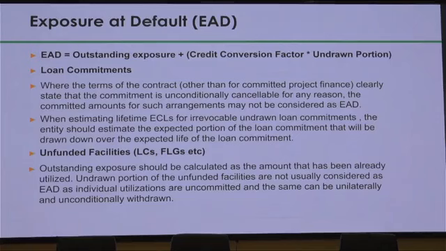Similarly, you need to take into account the unfunded facilities because you have a credit exposure there as well, like letters of credit and letters of guarantee. You need to take those into account. But for limits that are not utilized yet, and for unfunded facilities, the entire amount is not required to be made part of exposure at default.